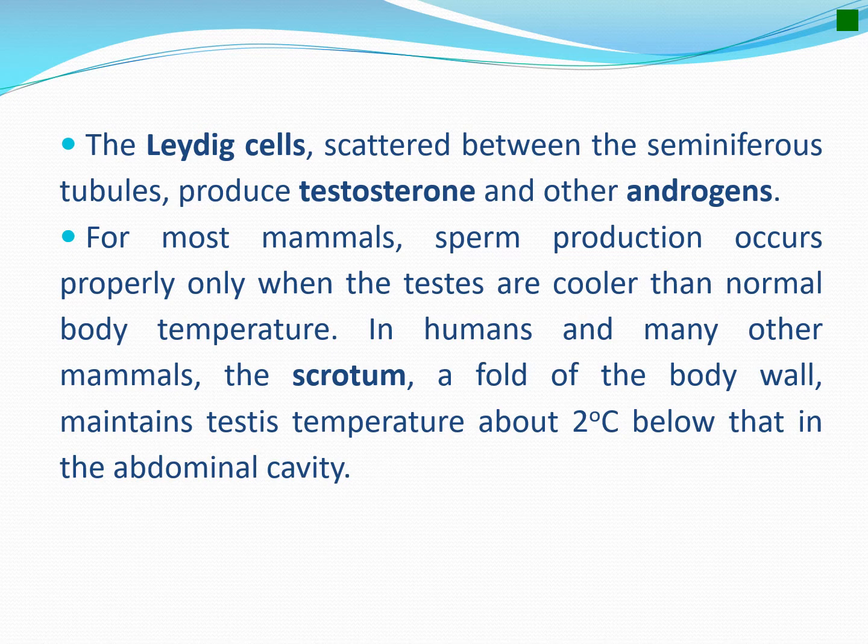For most mammals, sperm production occurs properly only when the testes are cooler than the normal body temperature. In humans and many other mammals, the scrotum, a fold of the body wall, maintains a testis temperature about 2 degrees Celsius below that in the abdominal cavity.